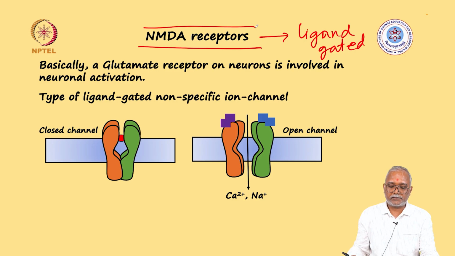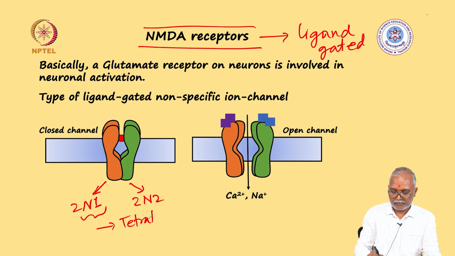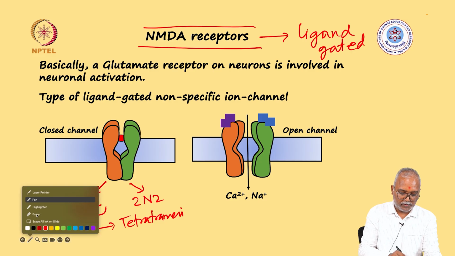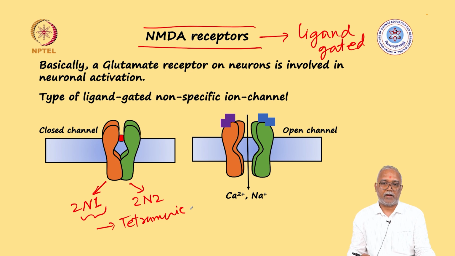These NMDA receptors again have two kinds of units, subunit N1 and subunit N2, present as dimers. 2N2 and 2N1 together make a tetrameric unit. This tetrameric unit is going to be activated, and this activated channel will allow the conduction of ions.